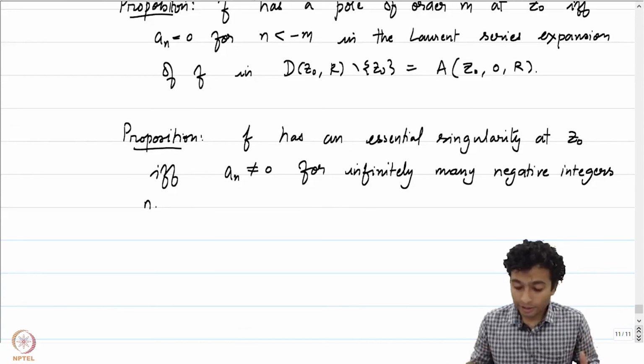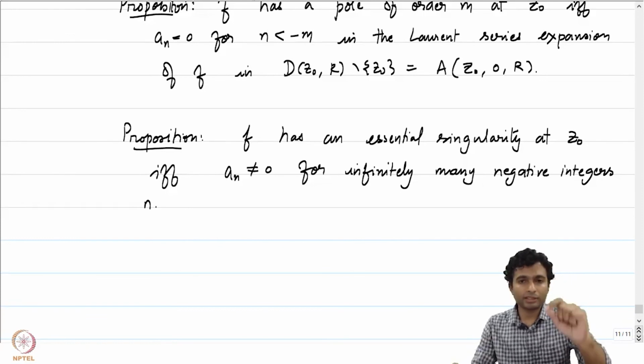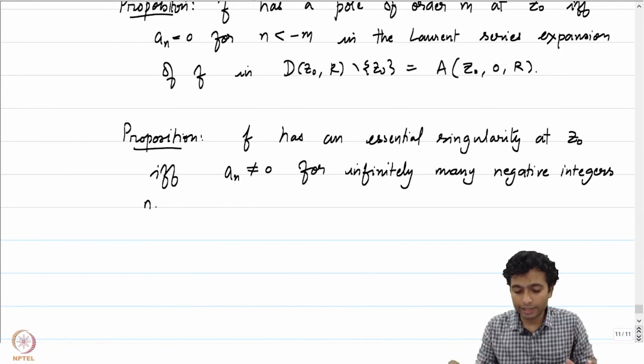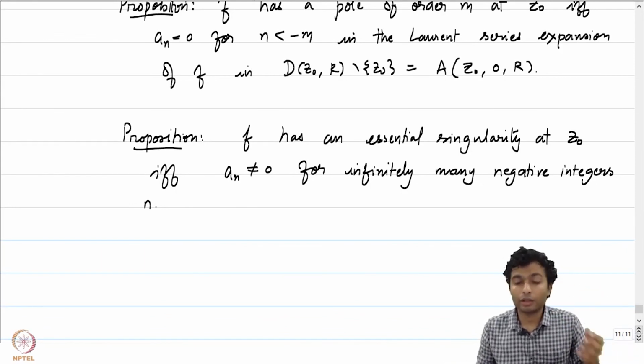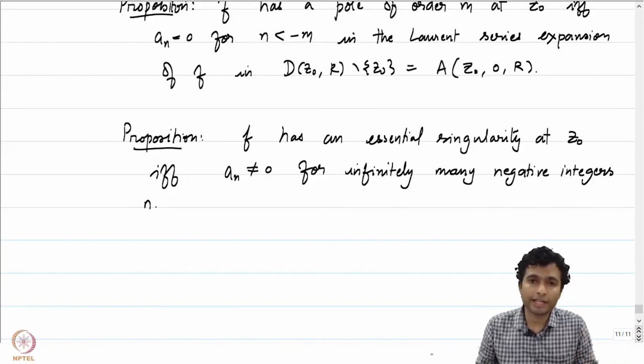The Laurent series expansion hence gives us a lot of information about the isolated singularities of our given function f. In fact, we have characterized all our isolated singularities by studying how the Laurent series behaves in the punctured disk of radius R around z naught.